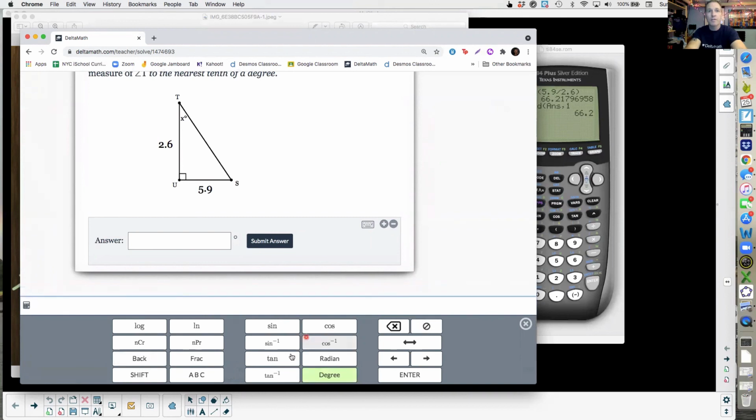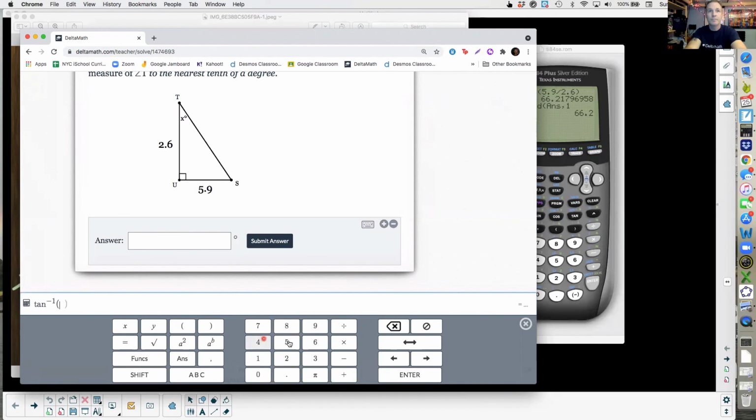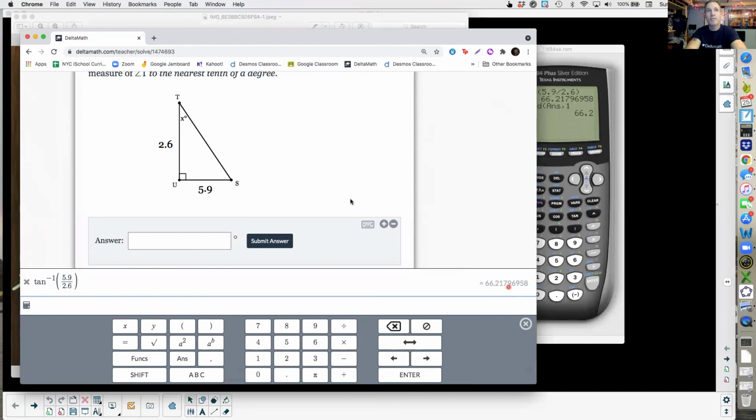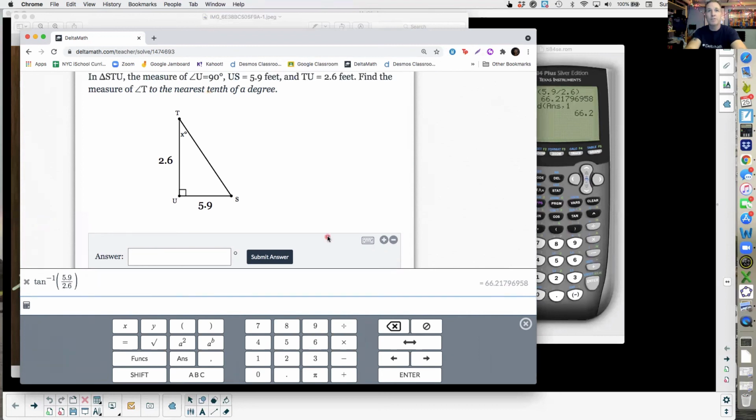And then here, inverse tangent, here it is, of 5.9 divided by 2.6. Enter. 66.217. And yes, I wanted it to the nearest tenth, so that's 66.2 degrees.